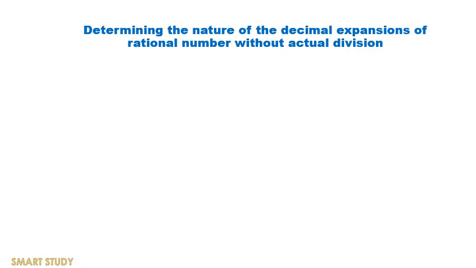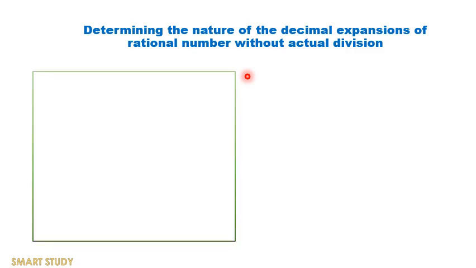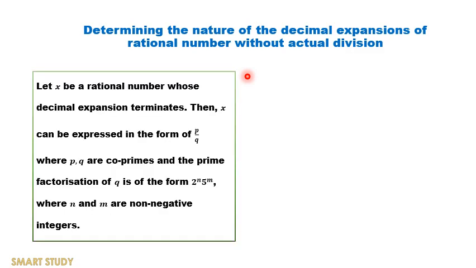Next we'll see the nature of the decimal expansions of rational numbers without actual division. How do we find out the nature of the decimal expansion of a rational number without doing the actual division? There is a property which says: let x be a rational number whose decimal expansion terminates.